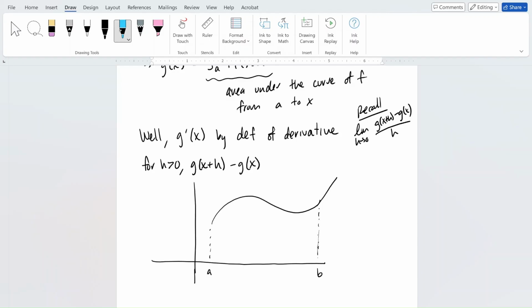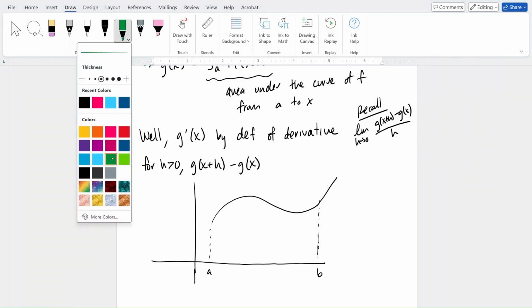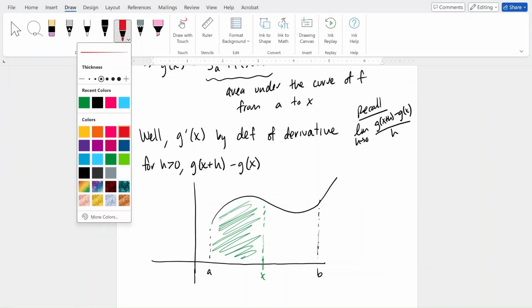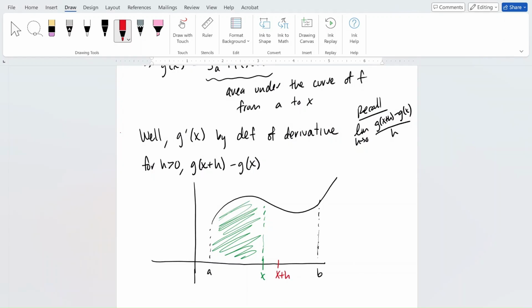Well, what we just learned was that if x is between a and b, g of x will be the area from a to x, which is this region in green. But if h is a little bit greater than 0, g of x plus h will be right here to the right of x.